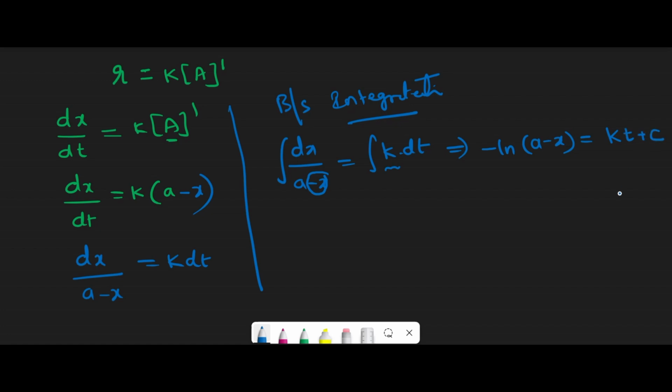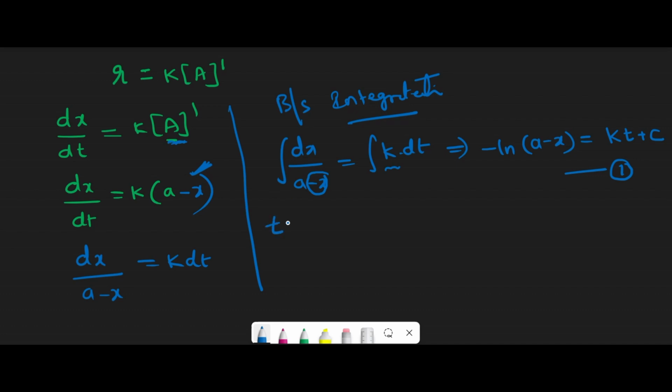Mathematically, after integration we also get a constant, denoted by c, and I am calling this overall expression equation 1. So minus ln (a minus x) equals kt plus c. This is what we have calculated at a particular time, where the concentration of A is a minus x.